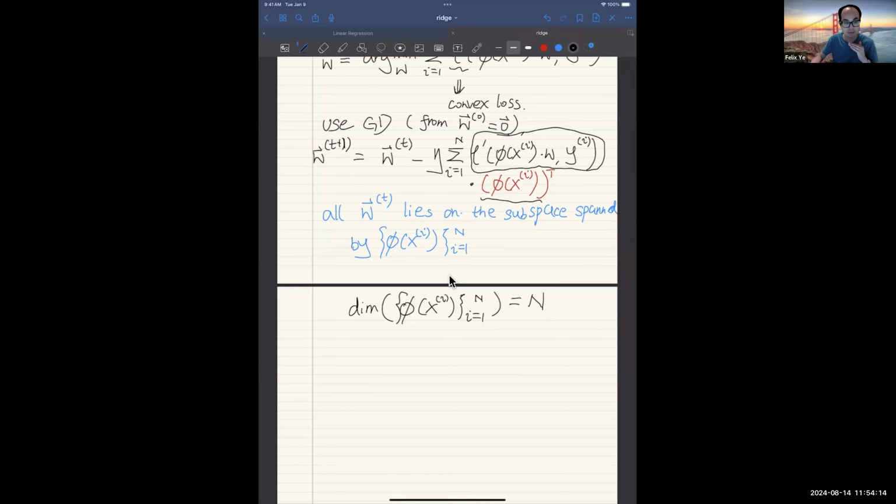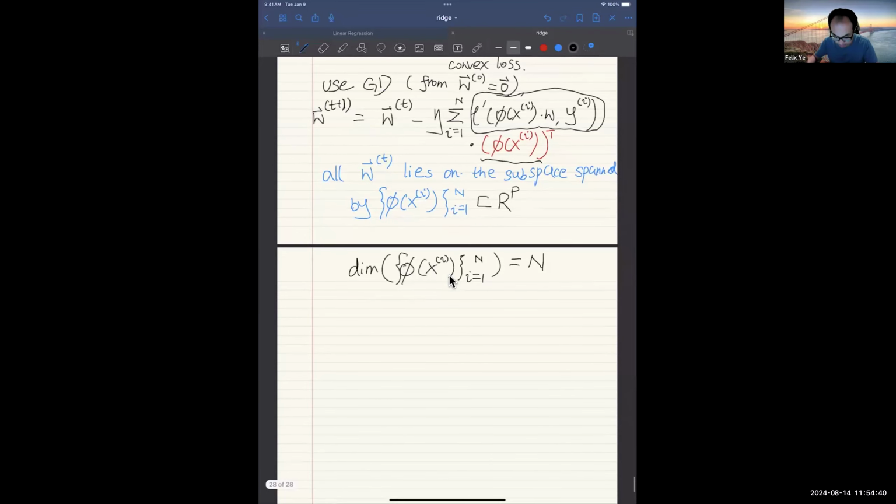We can think about this as an n-dimensional subspace, but this whole thing actually lives in R^p. So we are working with an n-dimensional subspace in R^p, but the dimension is only n. That's why this is really important. This is a very key observation that we can simplify our calculation significantly.